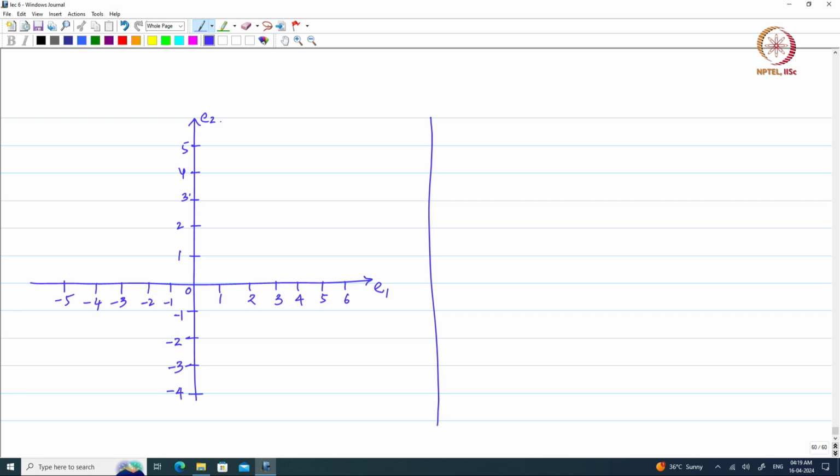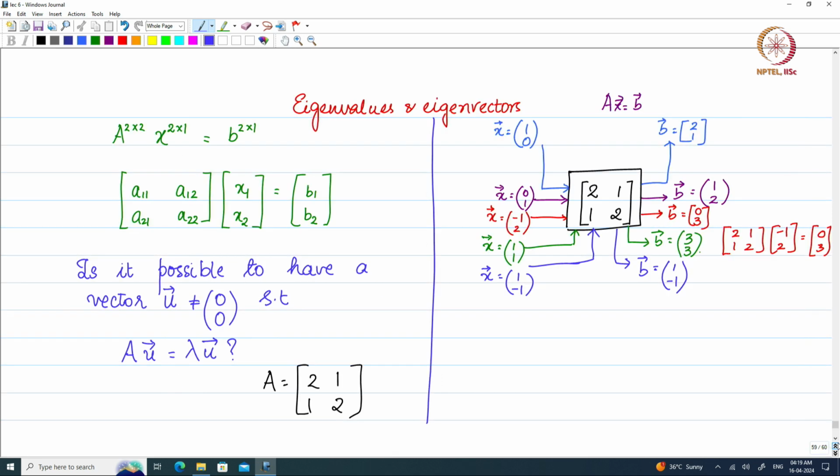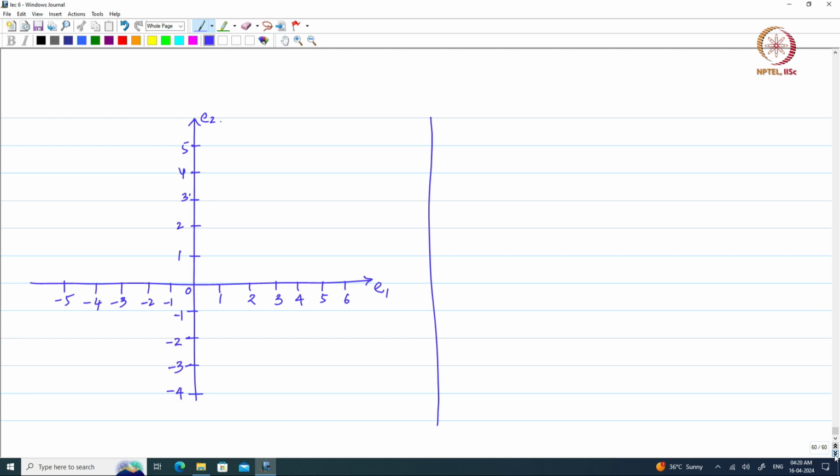Now, the first vector that we took in the previous example was the 1 0 vector, and the 1 0 vector was along this direction. The vector 1 0 was here, and that 1 0 vector upon the action of 2 1 1 2 went here, right.